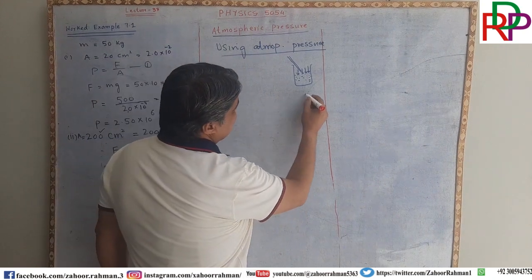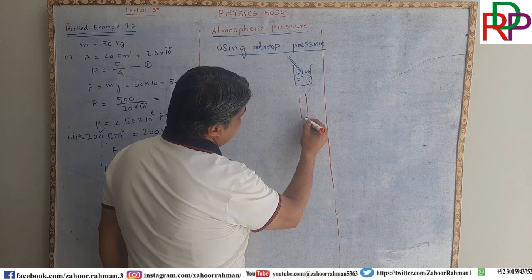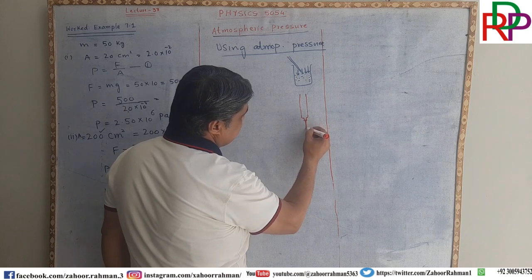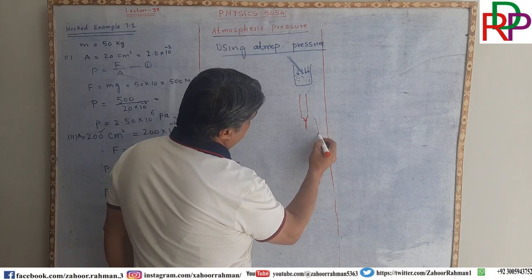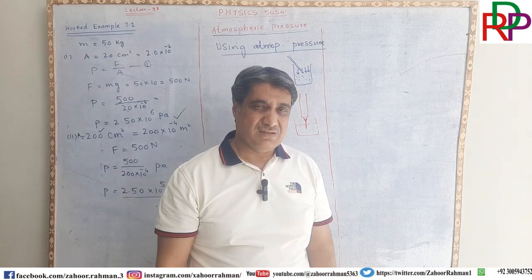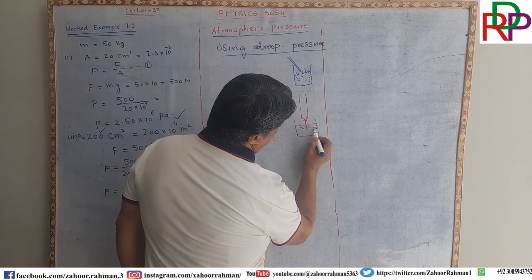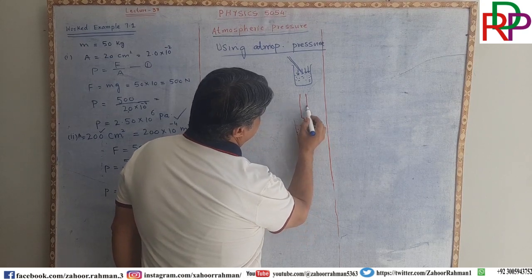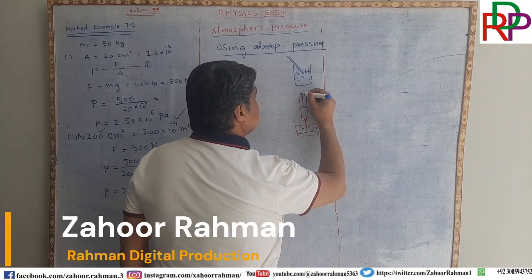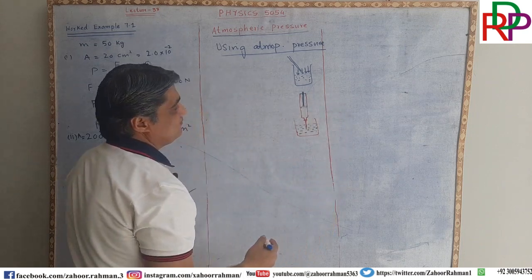Now the second example is a syringe in which there is a needle, and we want to drag this liquid from the container into this cylinder, which is connected with a spindle.